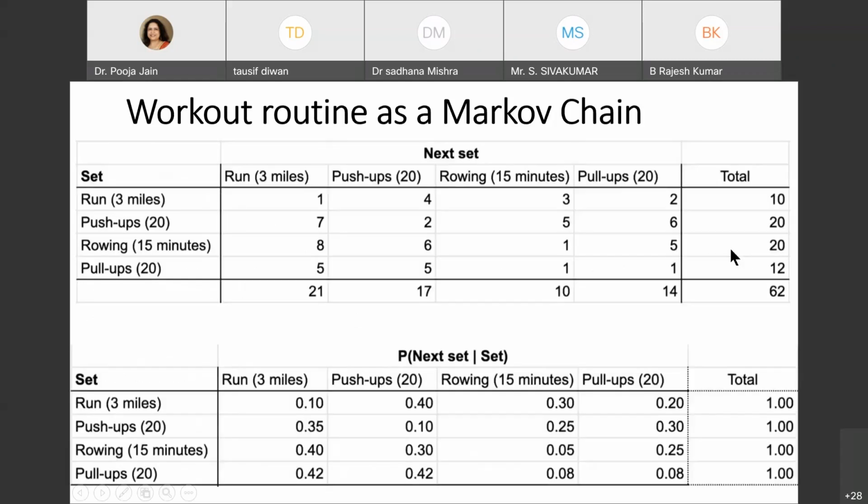First, see, this is the statistics of 62 days. Now see, this is our set, running 3 miles. Now this is our next set. It is the current set.